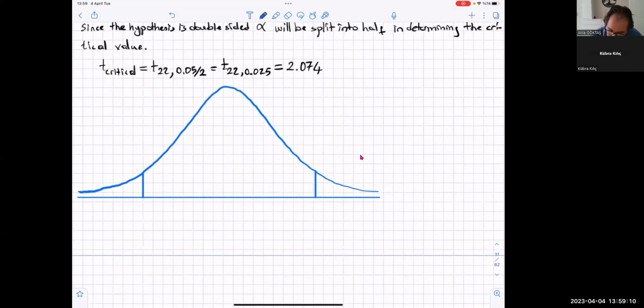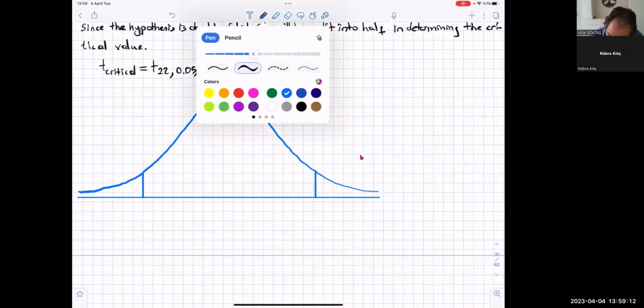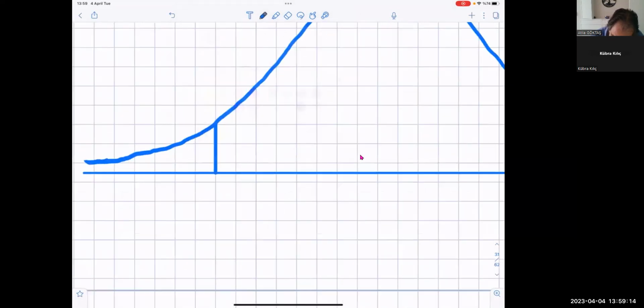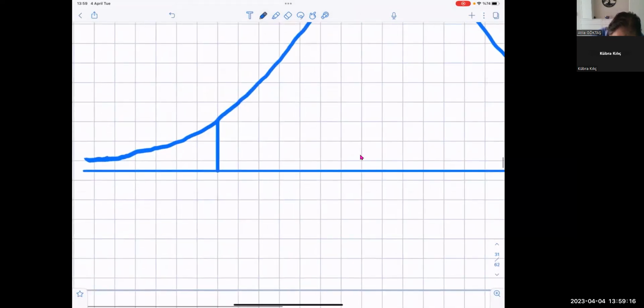So this is reject the null in this area. Reject the null.